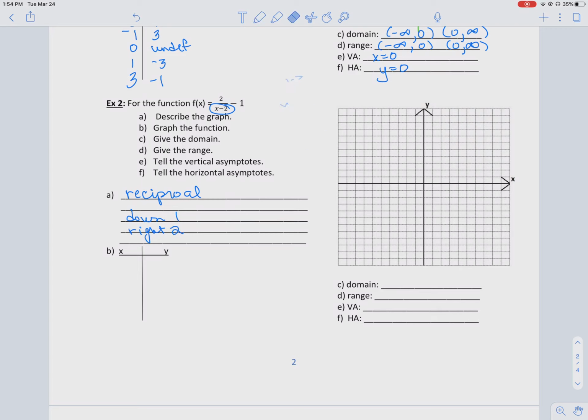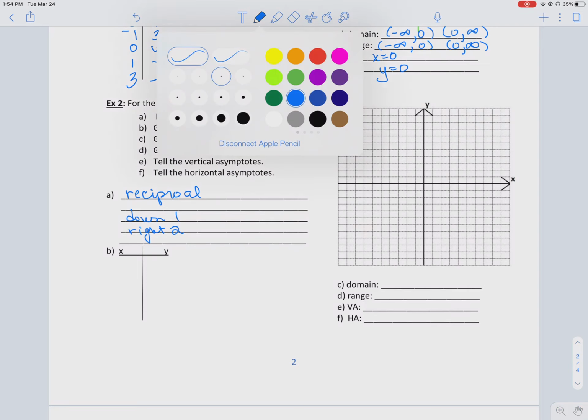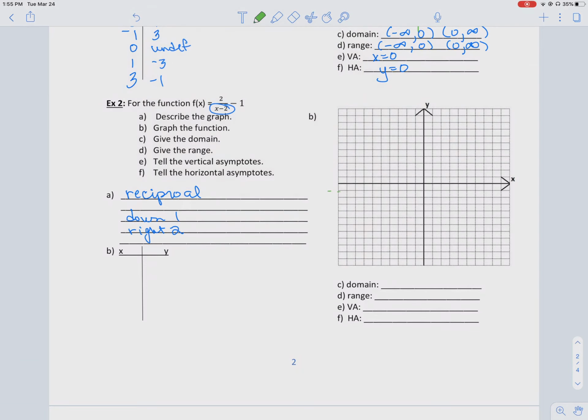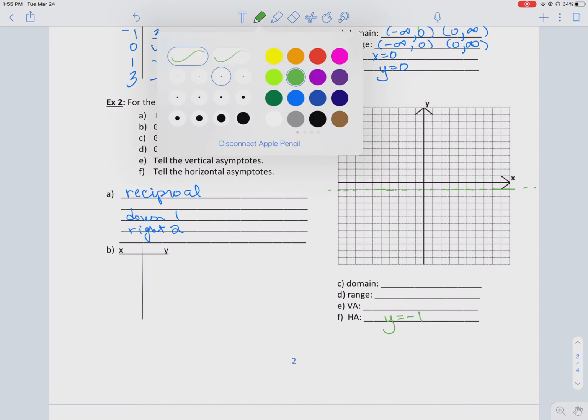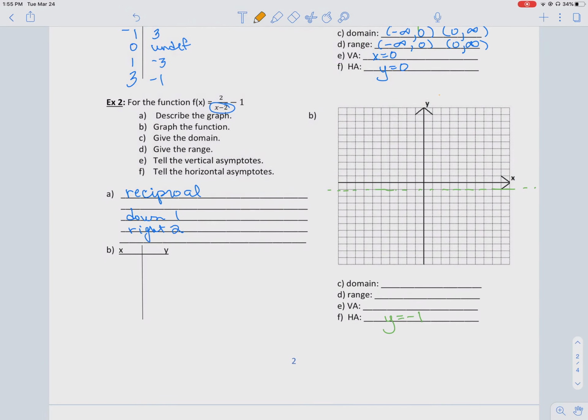So that just means that if I go down 1, my horizontal asymptote is actually going to be y equals -1. And then my vertical asymptote, when we say we're going to move it right 2, that means my vertical asymptote is going to move over here. So it's going to be x equals 2.